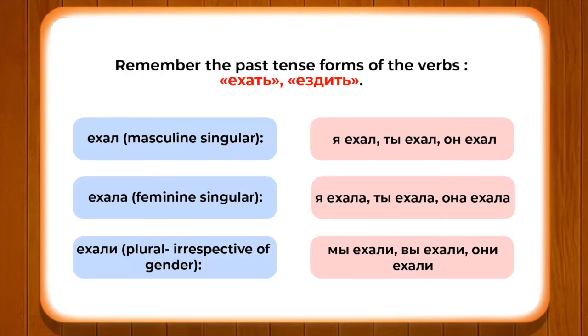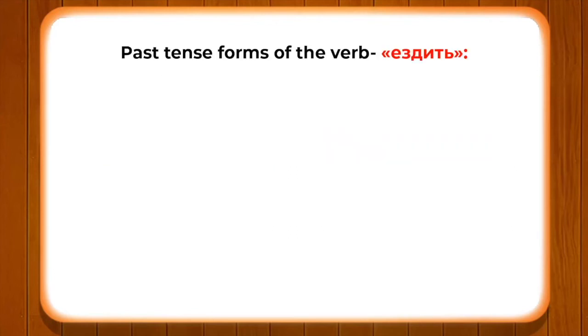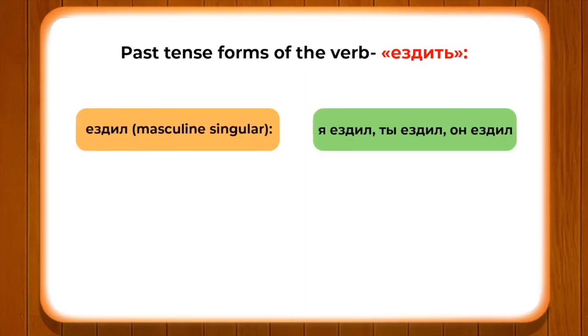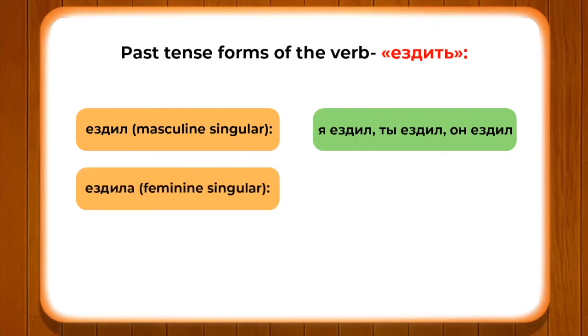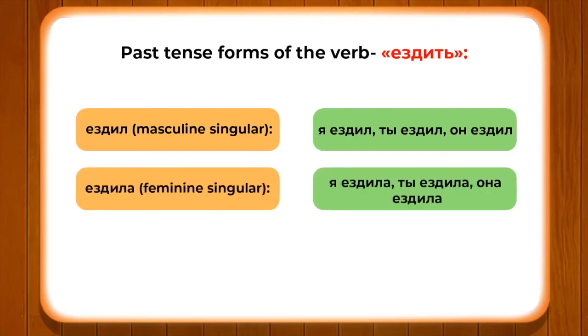Now let's pay attention to the past form of ездить. Я ездил, ты ездил, он ездил. Ездила is feminine gender: я ездила, ты ездила, она ездила.